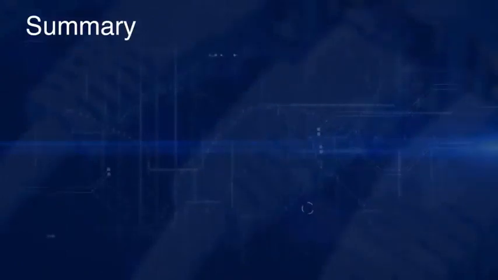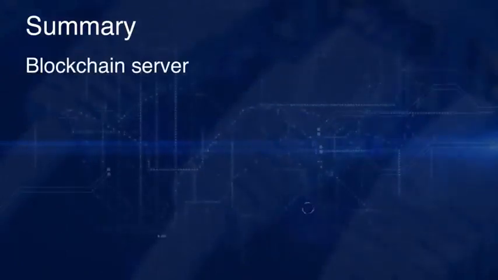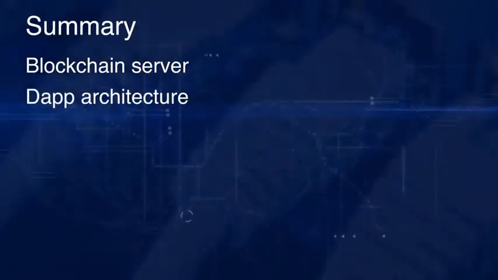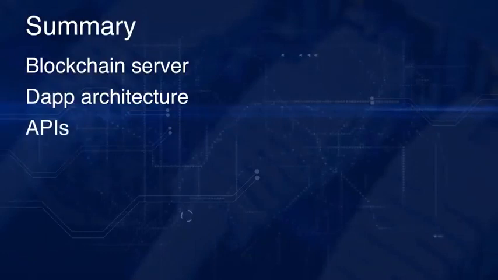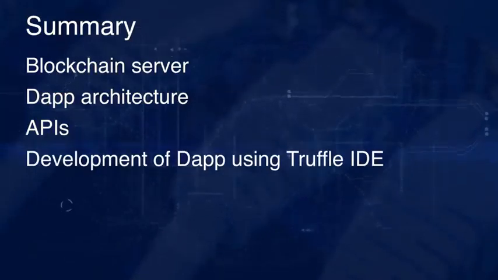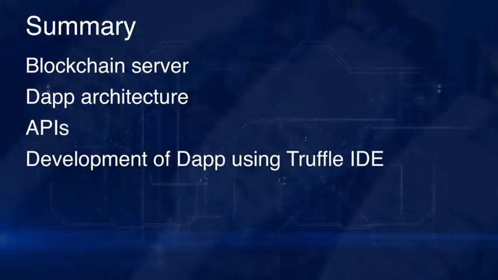Let's summarize the course as a whole. We opened up the course with a module on essential concepts such as blockchain server, DApp architecture, and the details of the support APIs. We experienced a hands-on, practical, incremental, end-to-end development of a DApp using the Truffle IDE.